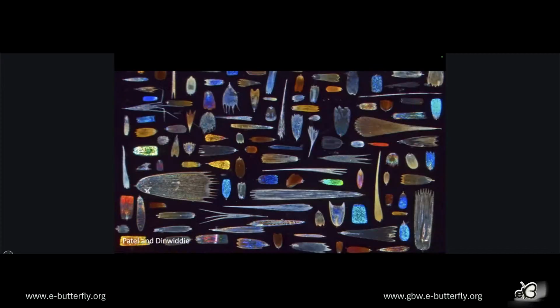So the scales are individual cells that develop from the epidermal cells. They are sort of cuticular projections that grow out of the plane of the wing. And then later on in development, they either incorporate pigments or they develop these structural colors that produce unique reflections of light in unique wavelengths and colors.